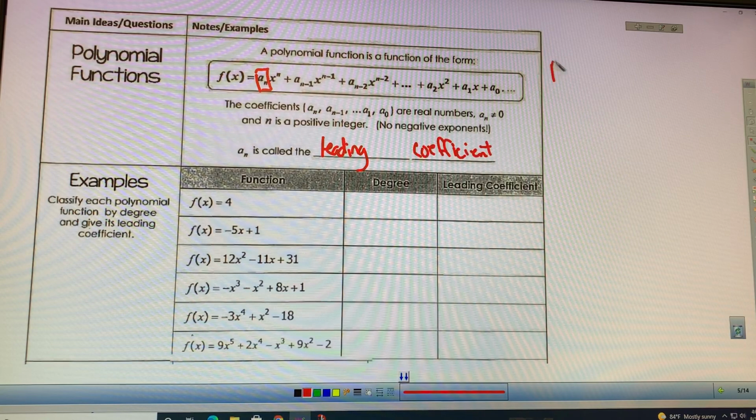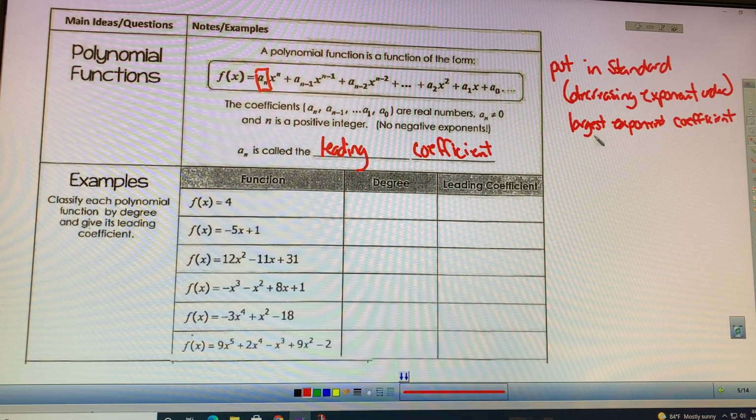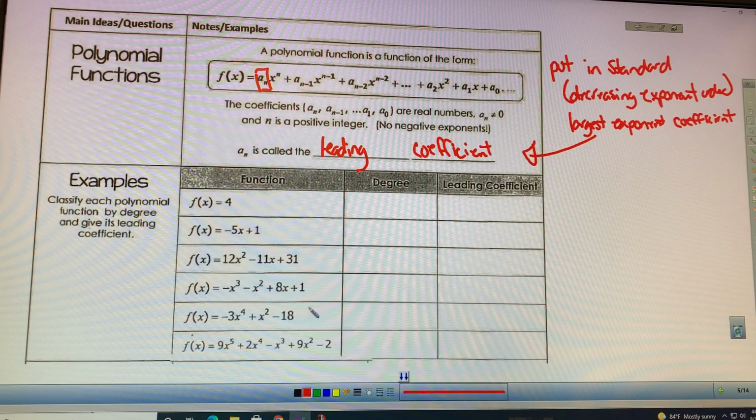So you put it in standard form, remember that's in decreasing exponent order, decreasing exponents order. And the largest exponent's coefficient is known as the leading coefficient.